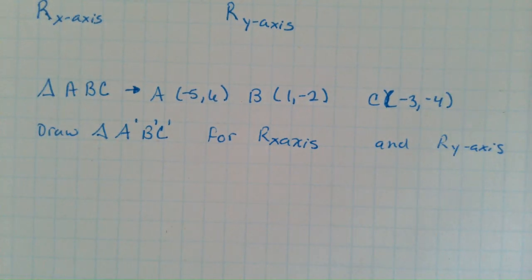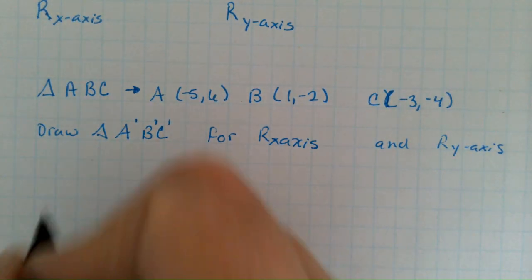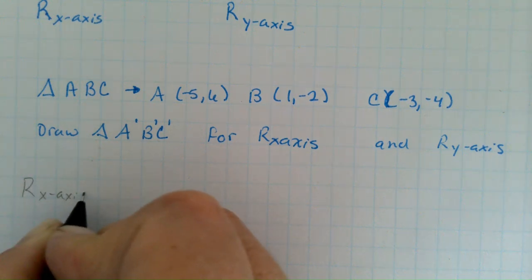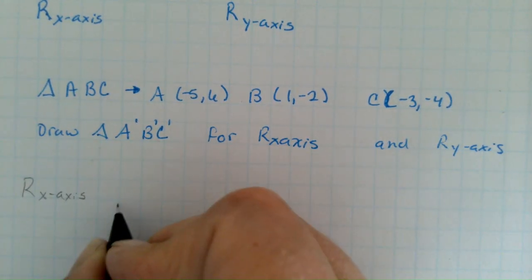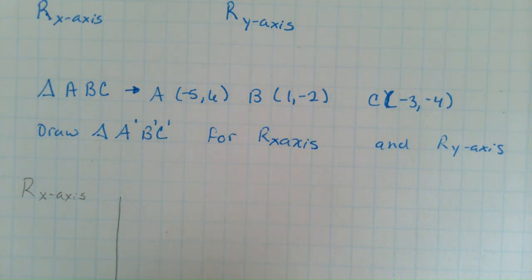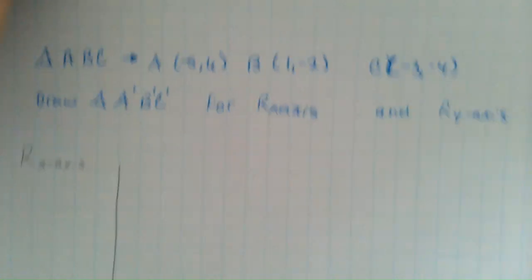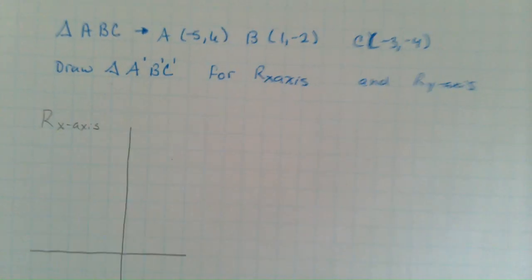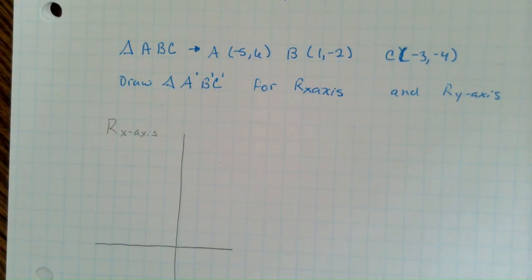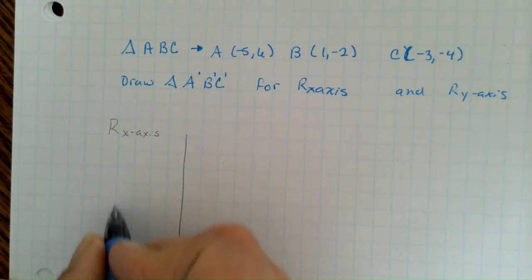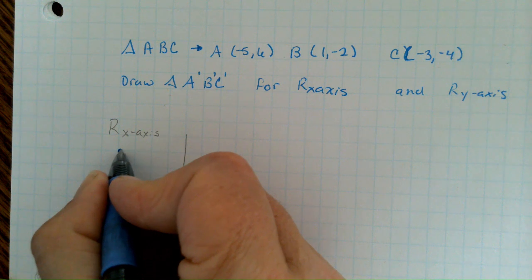So this time we're actually going to have the coordinate plane. So let's do our x-axis first, meaning the reflection over the x-axis. All right, so we got to get our pre-image graph before we can do anything. So 1, 2, 3, 4, 5, 1, 2, 3, 4, 5, 6.